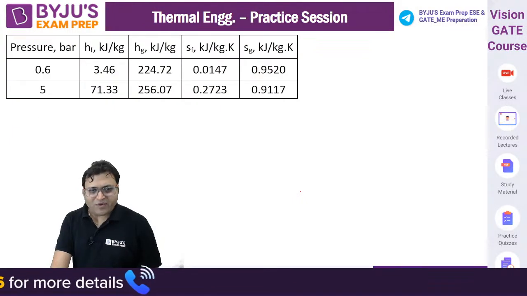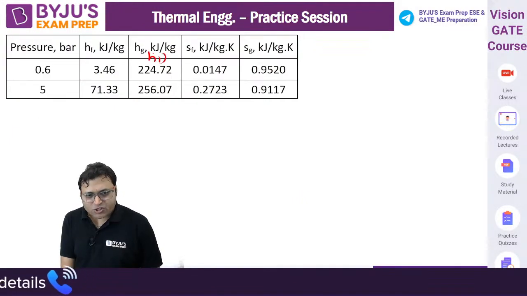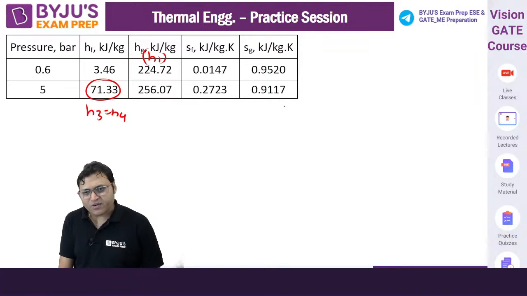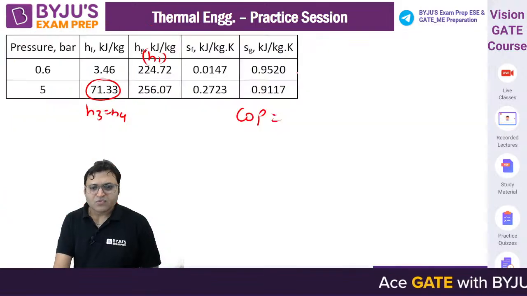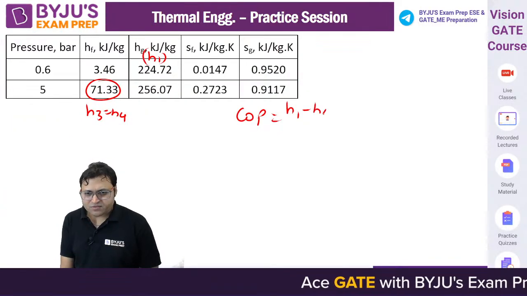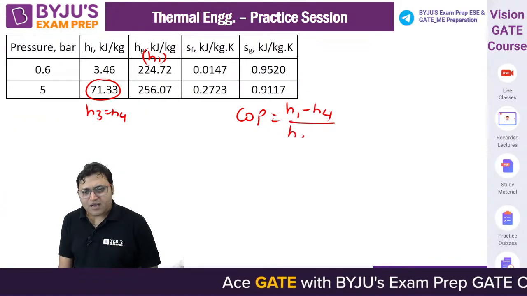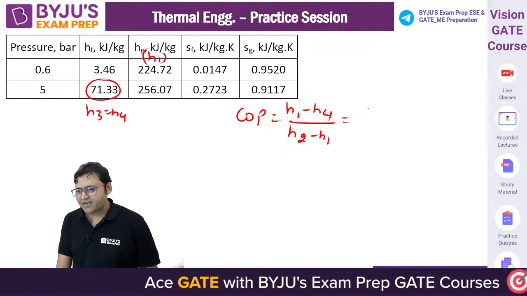So this is H1 and H3 is equal to H4, and COP is given by H1 minus H4 upon H2 minus H1, isn't it?